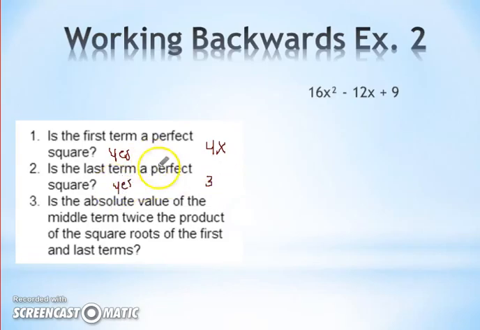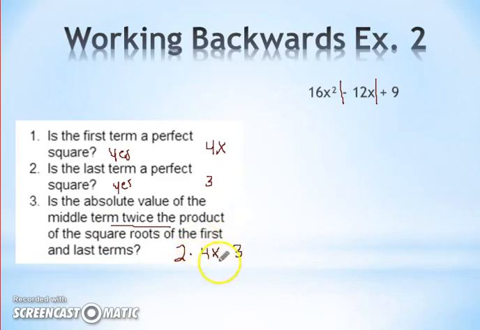Now to check that middle term, I want the absolute value of this. So whatever I multiply out should equal the absolute value of a negative 12x to be a perfect square trinomial. So we're checking 2 times our 4x times our 3. Those are the square roots that we found of the first and last terms, and it should be twice the product.